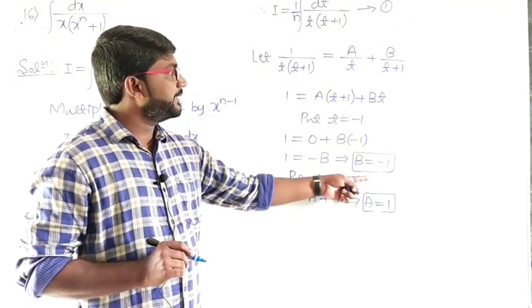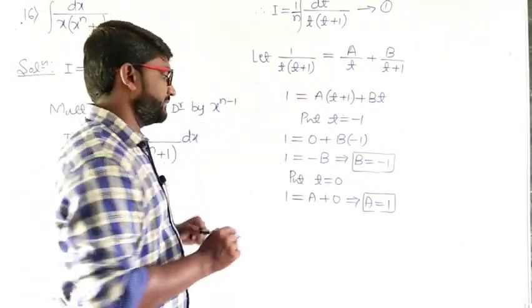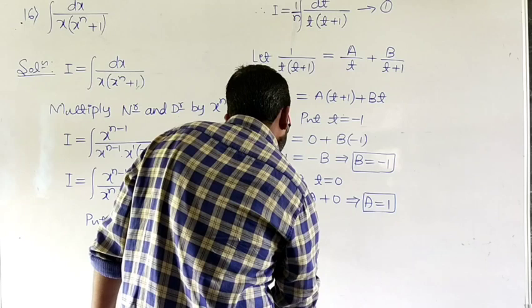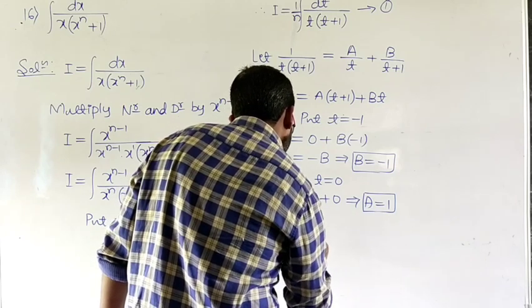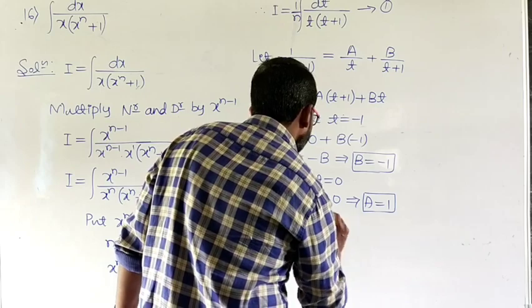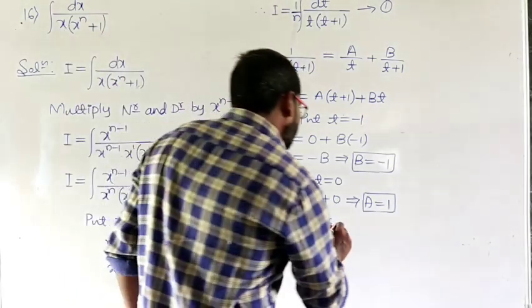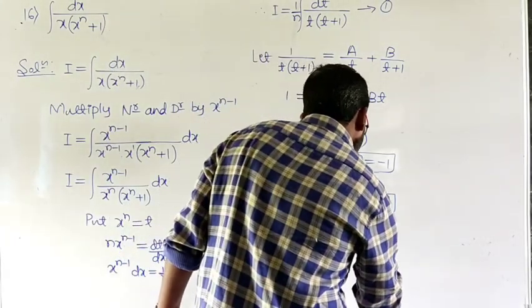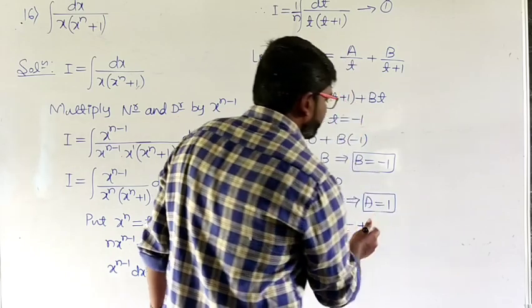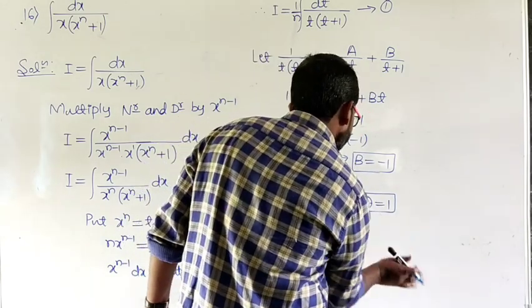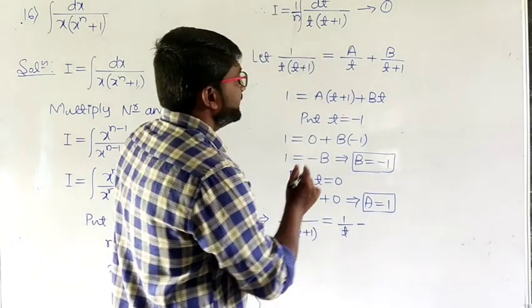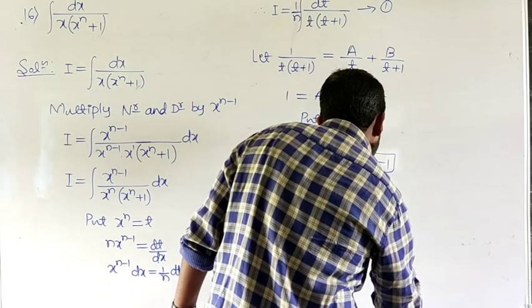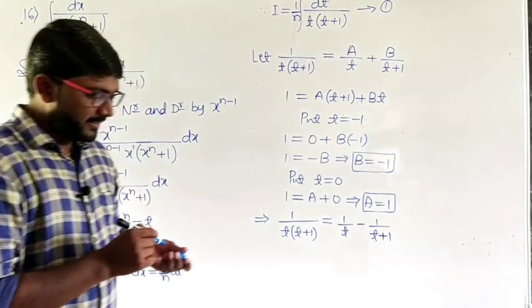Substitute the values of a and b in this particular equation. So this implies 1 divided by t into t plus 1, a by t, that is 1 by t, plus b, that is minus 1, plus into minus it is minus 1 divided by t plus 1.